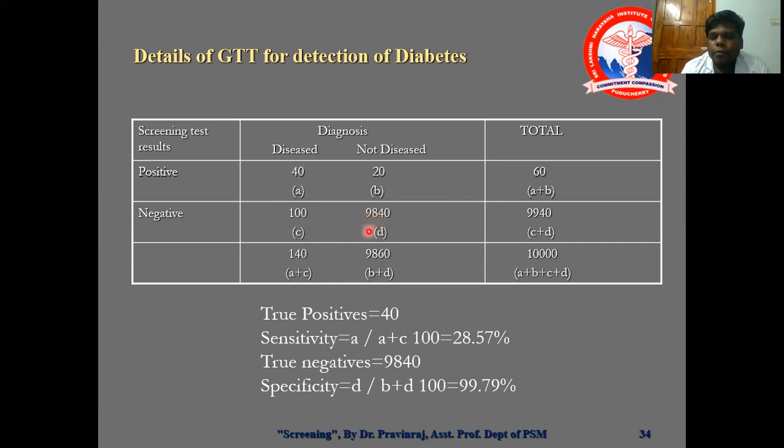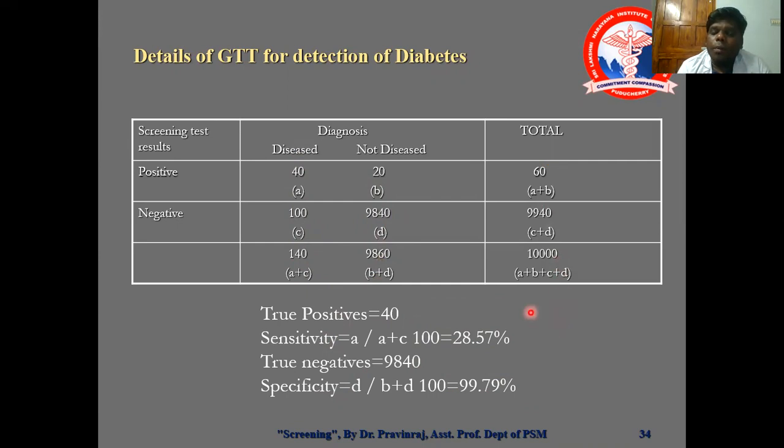Then for true negatives, specificity: D divided by B plus D gives your specificity. In this particular case, you can see that sensitivity is less and specificity is more. A good screening test should have both sensitivity and specificity on the higher side. Here you have low sensitivity, so the ability of picking true positives is not reliable in this case.